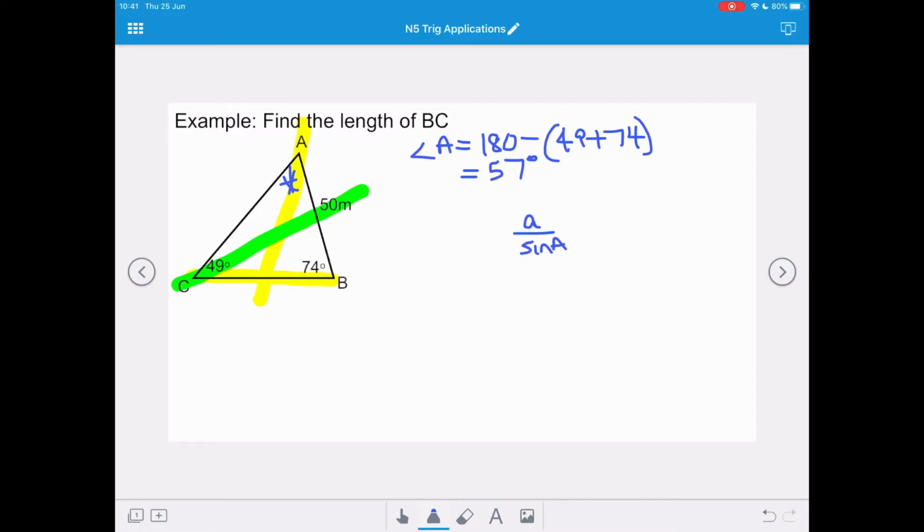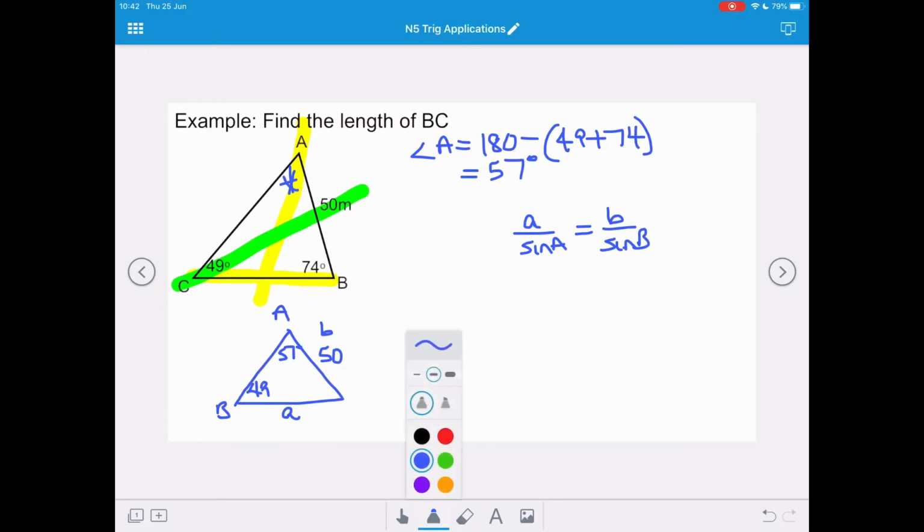We've got a over sine A equals b over sine B. So we're going to draw a sketch with all the information that we require in our triangle. So we know that angle A is going to be our 57 degrees, and that's opposite side a, which is what we're trying to determine. And we've got 50 is going to be our side b, opposite angle B, which is 49 degrees.